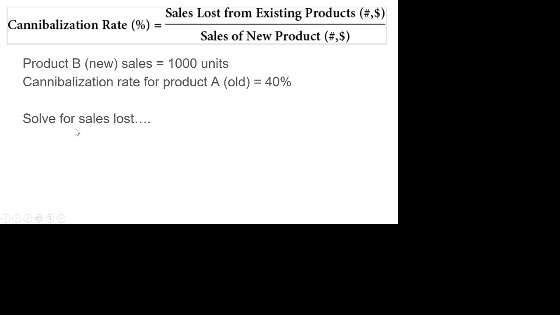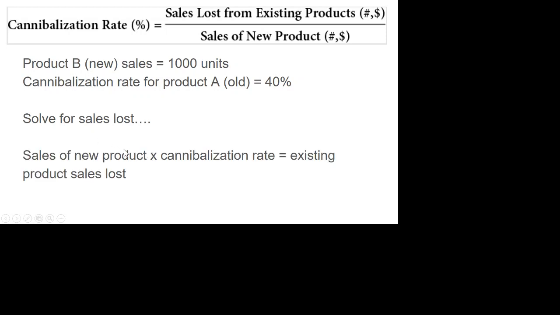So you solve for sales lost. This is what the formula looks like. So you end up with this. Okay, so 1,000 units, 40% cannibalization rate. Again, solve for loss, and you get 400. 400 units sold were the result of cannibalization.